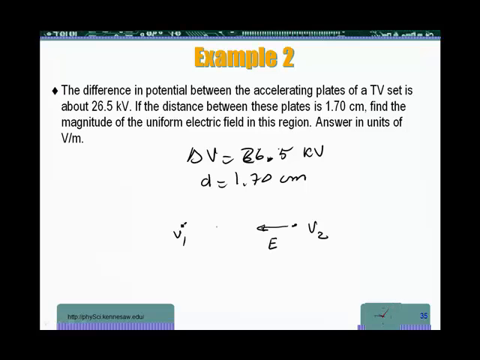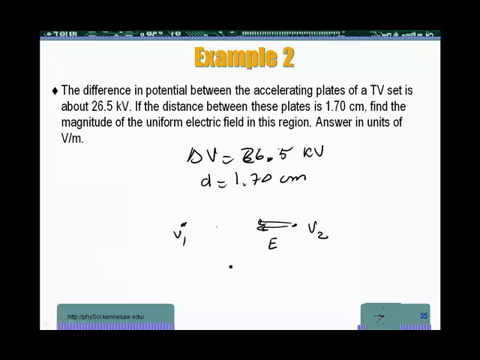Now, if I'm going to take a charge and move it from V1 to V2, assume that we are taking a positive charge Q. Now, if it is a positive charge, the electrical force is going to be in the same direction as E, and I'm going to move it from V1 to V2.